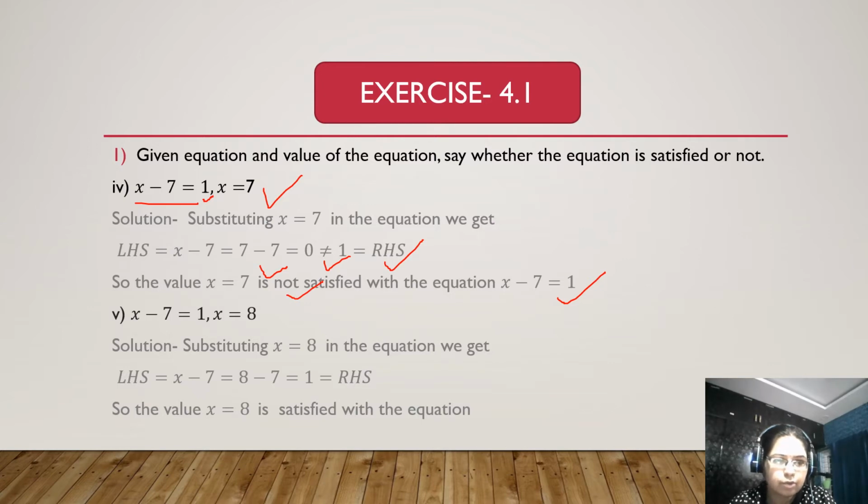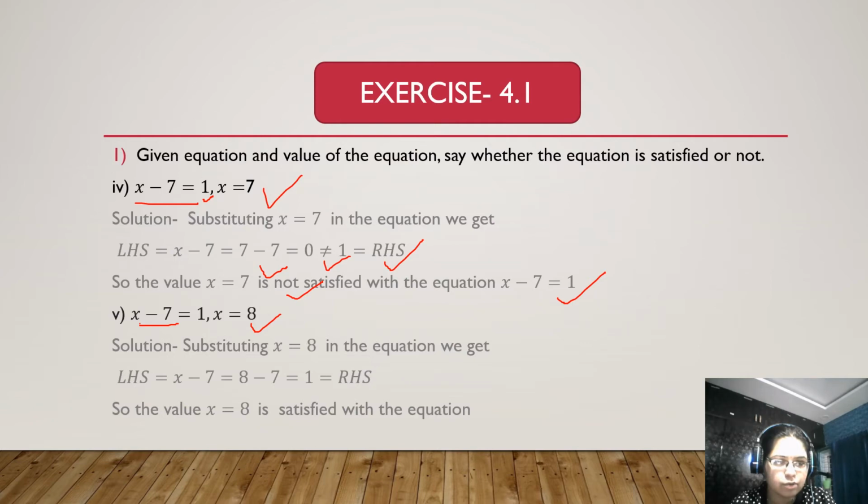Now the fifth part: x minus 7 equal to 1, x equal to 8. We substitute x equal to 8 in the left hand side of the equation x minus 7 equal to 1. Left hand side is x minus 7 and right hand side is 1.